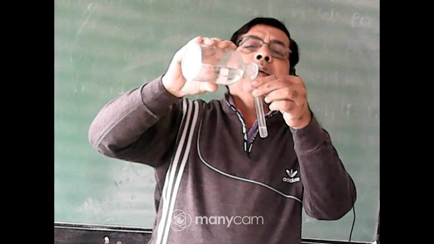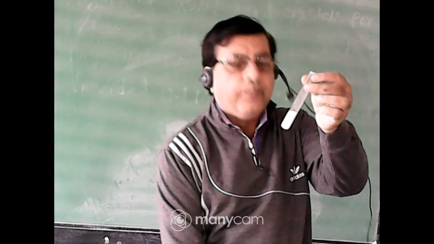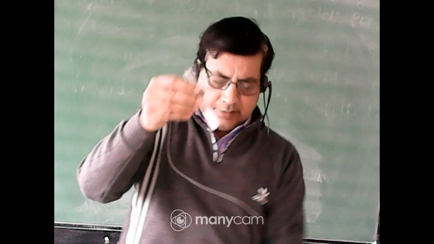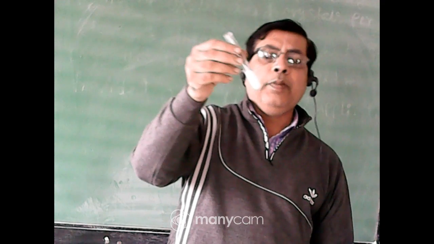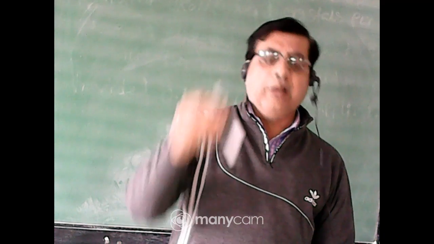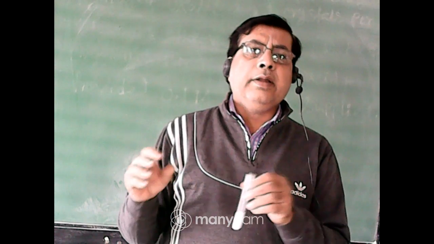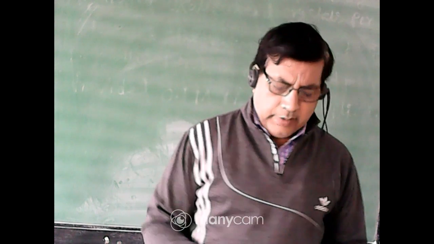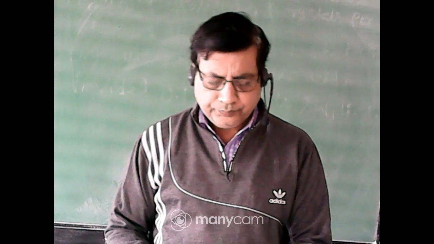After the addition of barium chloride, if a white precipitate is formed, that means the given salt contains sulfate ion. Since your salt contains only one anion, there is no need for testing nitrate ion. If sulfate is absent, then you can identify whether nitrate is present or not.